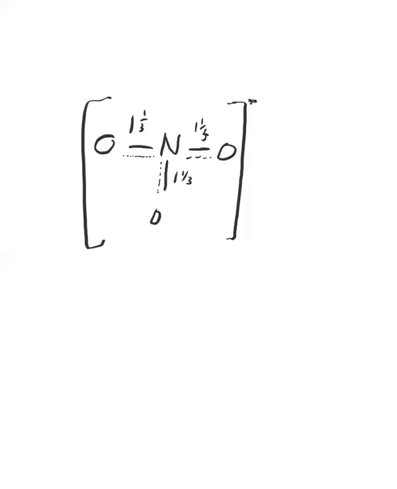Now, what's the evidence behind that? Well, I talked about energy, right? How much energy it takes to break a bond. So if you measure the strength of a nitrogen-oxygen single bond and a nitrogen-oxygen double bond, they're different. The double bond is stronger than a single. So let's say this one is like 300 and this one's 500.